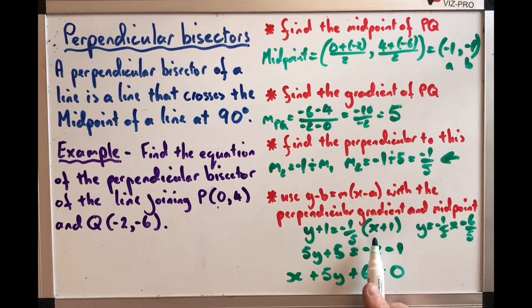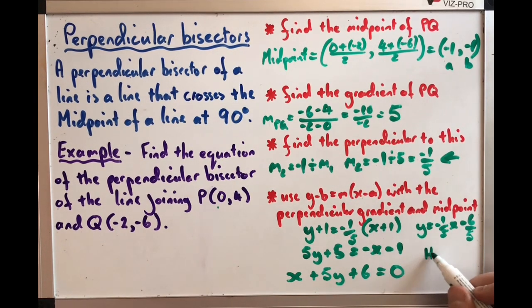Unless they specifically ask you for that, I'd write it the neater way, it's easier. Okay, if you want practice at these, remember it's Hodder Gibson, exercise 1.6. Okay, those are perpendicular bisectors.